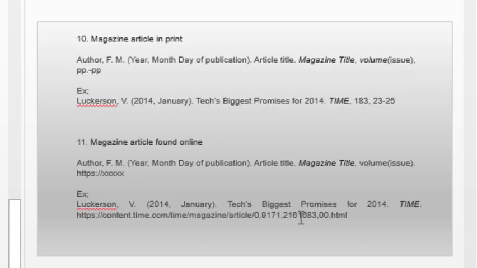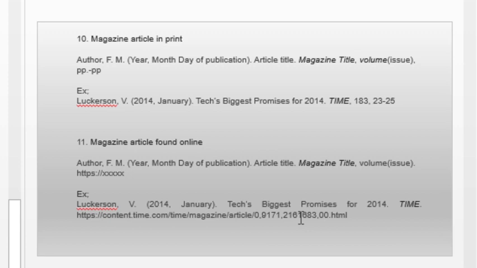Meanwhile, if you are sourcing for information from a magazine, that is a printed magazine, it has an almost similar structure. You have the last name of the author, and then the first name or the middle name, but for the year of the publication, it's only the year and the month, because magazines are produced monthly, they are not produced daily.